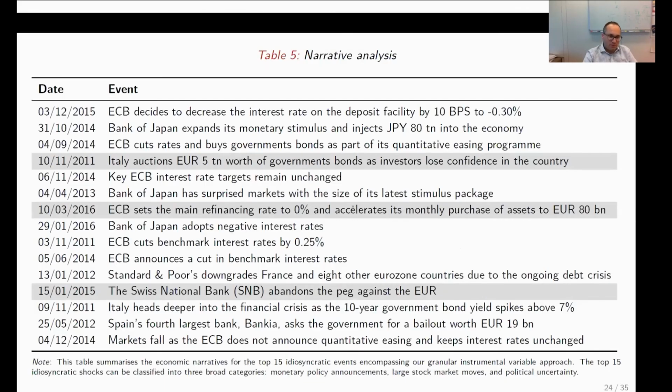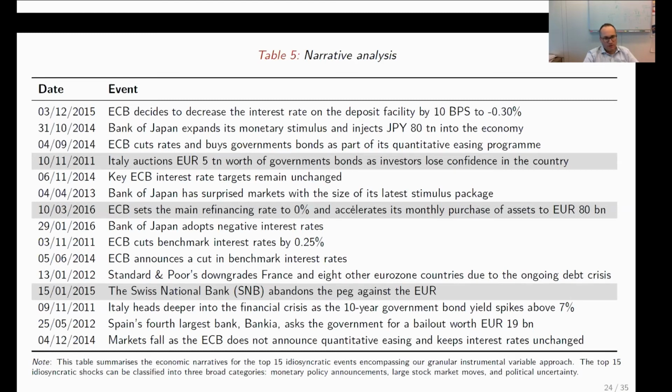Just to give you a bit more intuition about this variable, what's always important when working in a GIV setting is that the variable itself makes sense, and that some of the big movements can be explained. So here I'm listing the 15 largest readings of the GIV variable, and one can see that they typically link up quite nicely with some of the key events that had been driving markets at the time.